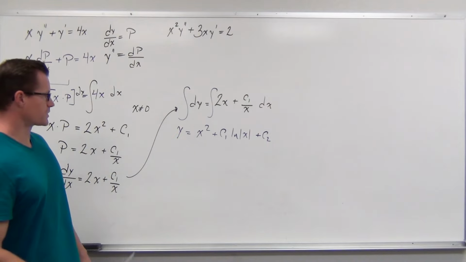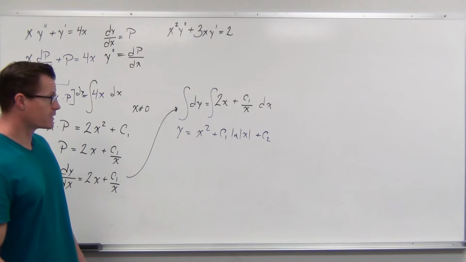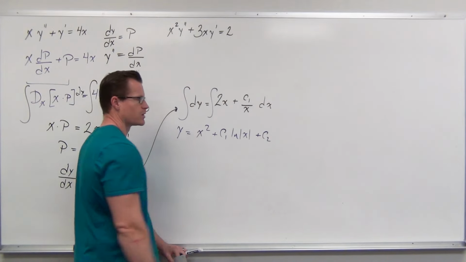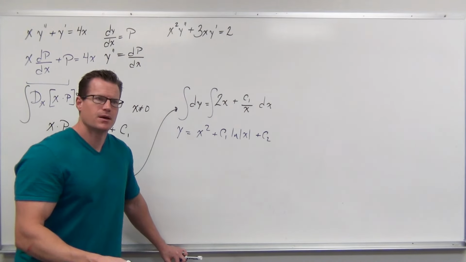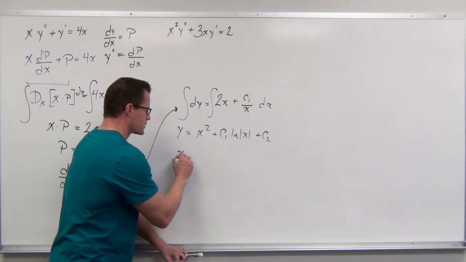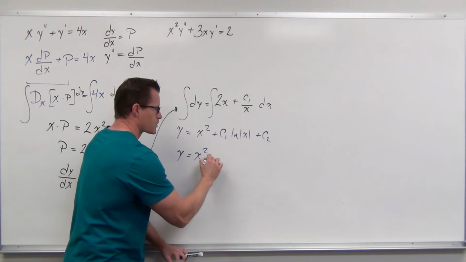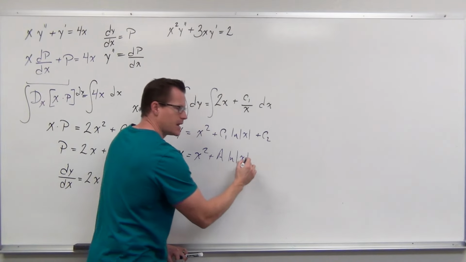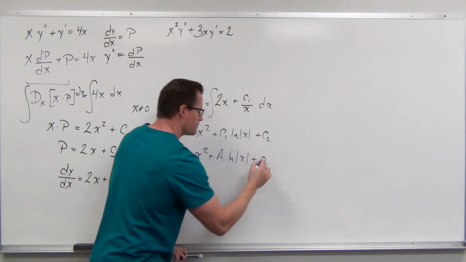Man, that looks pretty nice. The only other thing that we've got to do is, it's not super great to write c sub 1, c sub 2 all the time. It's not a problem. It just looks a little bit cleaner to write this as x squared plus a ln absolute value x plus b.